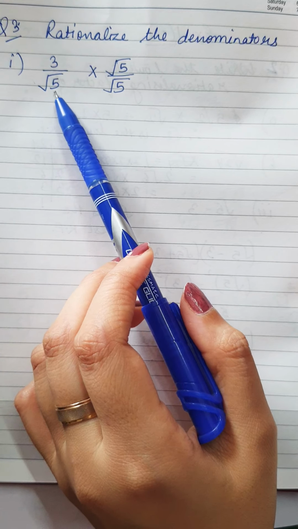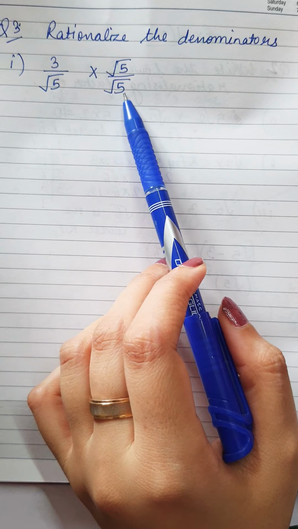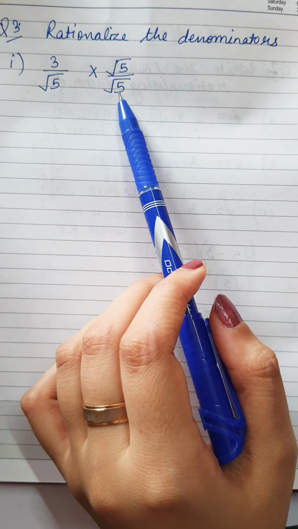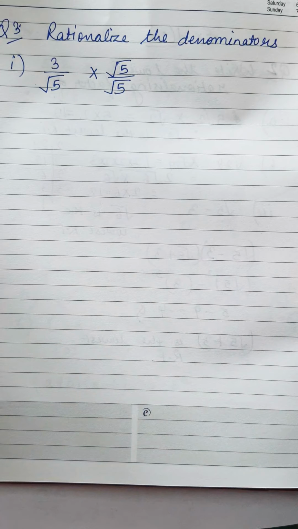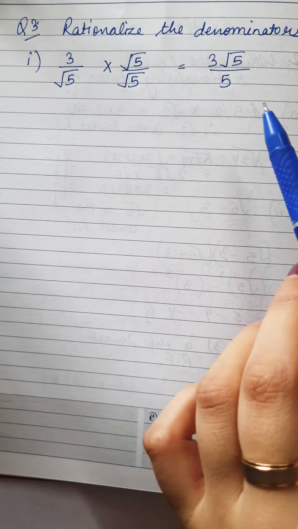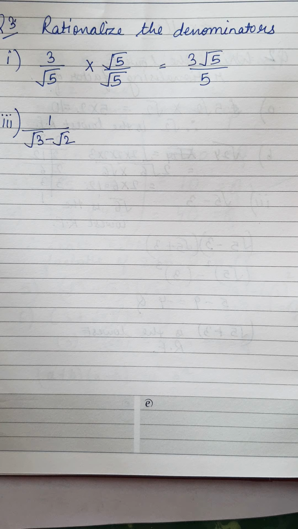So in this case, the rationalizing factor of root 5 is root 5 only, the least one, so that the multiple will be 5 and the numerator will be 3 root 5. So this is the answer and the denominator has been rationalized.